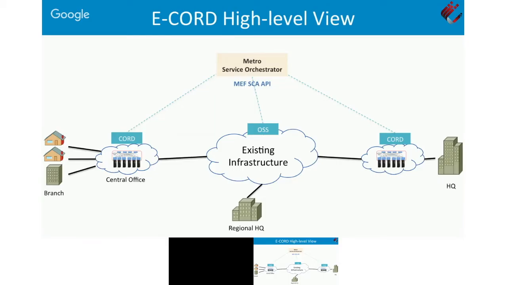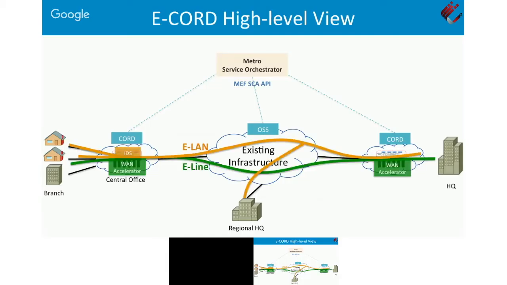Now if a customer were to request a virtual network, like a bundle of connectivity plus some value-added services, we can have, again, E-lines or point-to-multipoint E-LAN. What the Metro Service Orchestrator does is take this request, determine the endpoints involved, so which sites are involved in this virtual network and where it needs to place these services, and delegate those tasks: setting up connectivity within the fabric, spinning up services, and configuring them at each of the CORD sites involved.